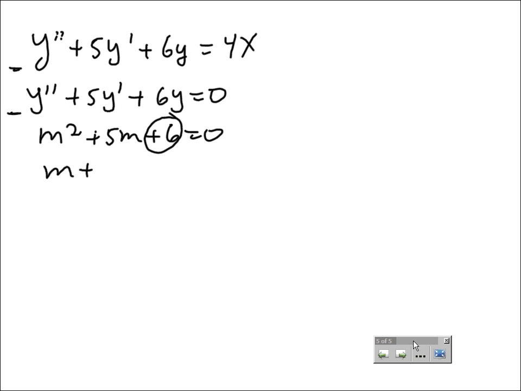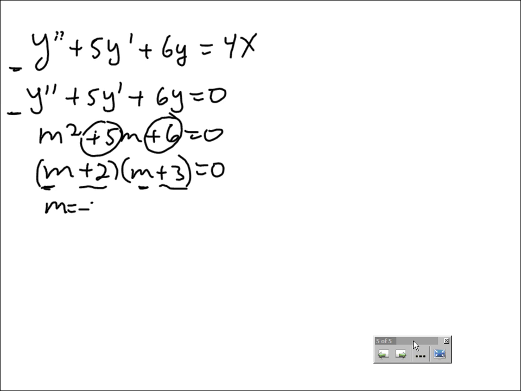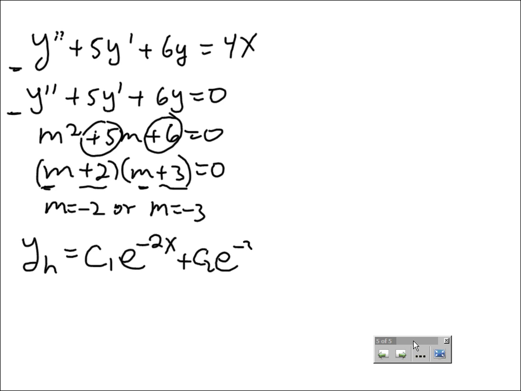Two numbers that multiply out to 6 and add up to 5 are 2 and 3. Positive 2 and positive 3. That's where it goes next to the m's. So m is negative 2 or m is negative 3. So the homogeneous solution will be C1 e to the negative 2x plus C2 e to the negative 3x, getting the negative 2 and negative 3 from there.